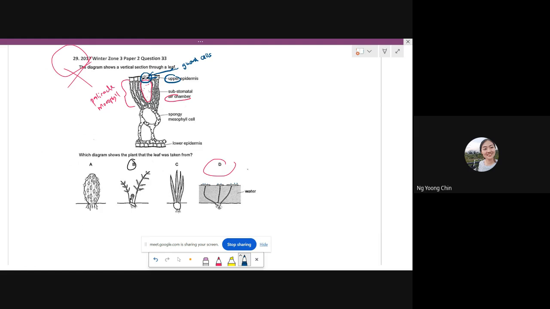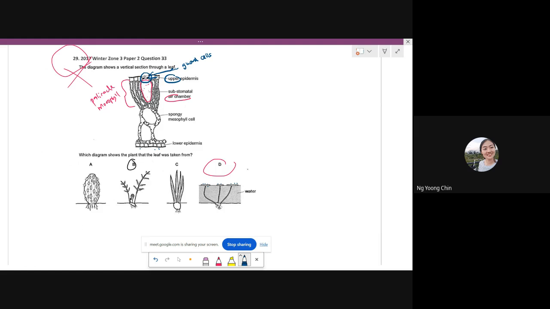So when the guard cells are located at the upper epidermis, they're able to breathe. They're able to take in the oxygen and release the carbon dioxide. They cannot be located on the lower epidermis because it's already in contact with the water. If you imagine the guard cells located at the lower epidermis, they would be blocked by the water.